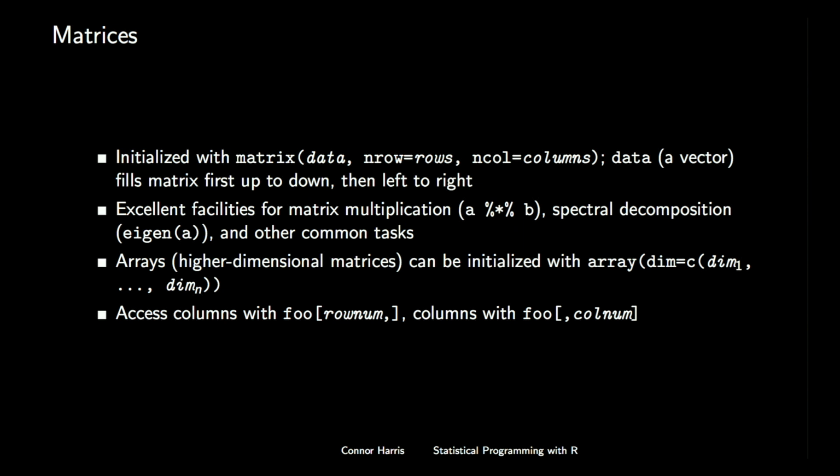And R has built-in matrix multiplication, spectral decomposition, diagonalization, a lot of things. If you want higher-dimensional arrays, with 3, 4, 5, or whatever dimensions, you can do that. The syntax is just array, dim equals c, then the list of the dimensions. So if you want a 4-dimensional array with dimensions 4, 7, 8, 9, it's array, dim equals c(4, 7, 8, 9).